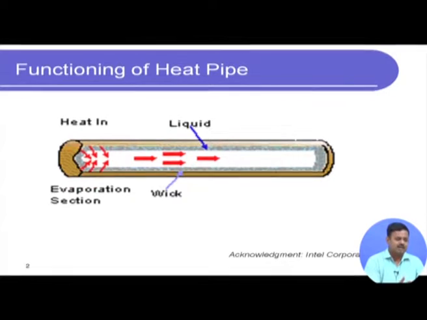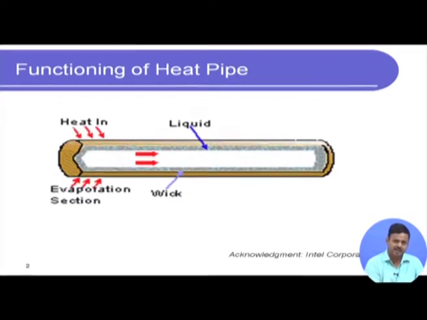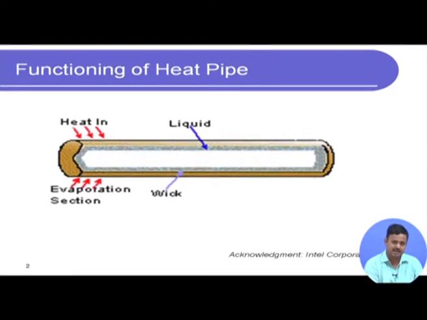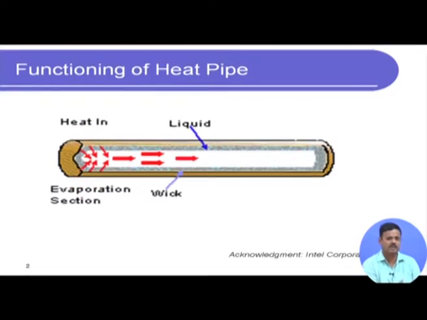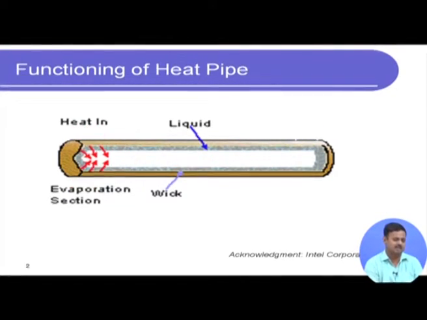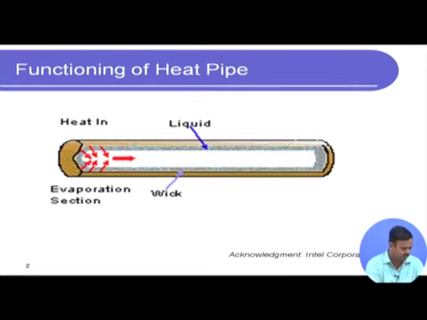Inside, on the inner diameter around the annulus, you have a wick material, and then a few drops of liquid, say water, at a subambient pressure. The whole heat pipe is evacuated to a low pressure and then sealed, so that what you see from outside is a sealed device with all these components inside.